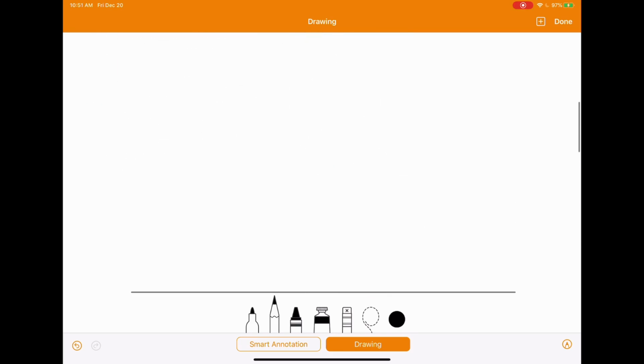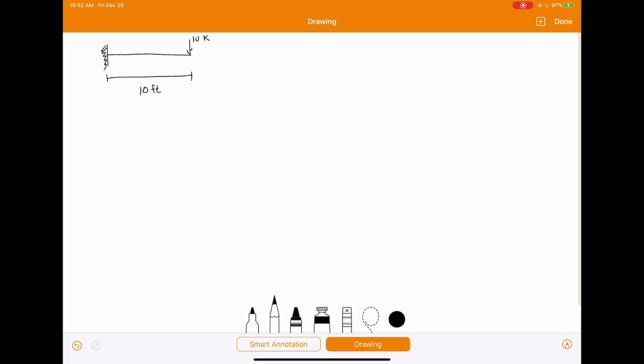If we look at an example of a fixed beam, we'll just stick a 10 kip point load out on the end, and this beam is 10 feet long. So again, I always like to start with my sum of moments about A equals 0, choose a positive direction.